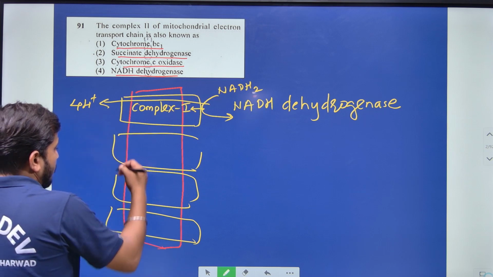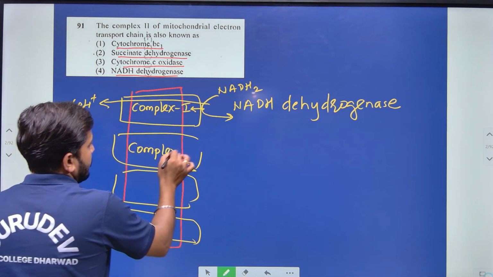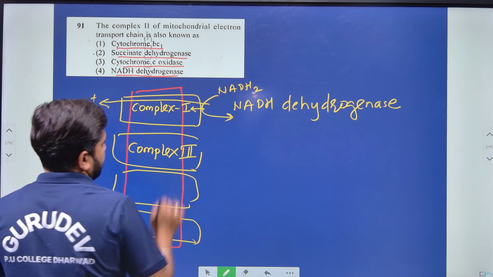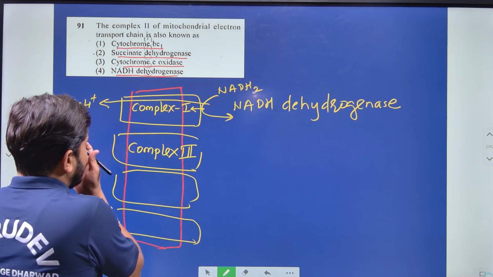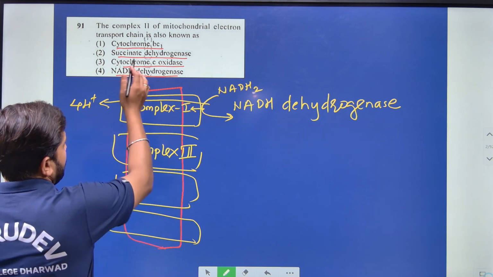In between, after complex 1 and complex 2, we are going to get complex 3, right? And with respect to complex 3, I'm going to get majorly the cytochrome BC1.